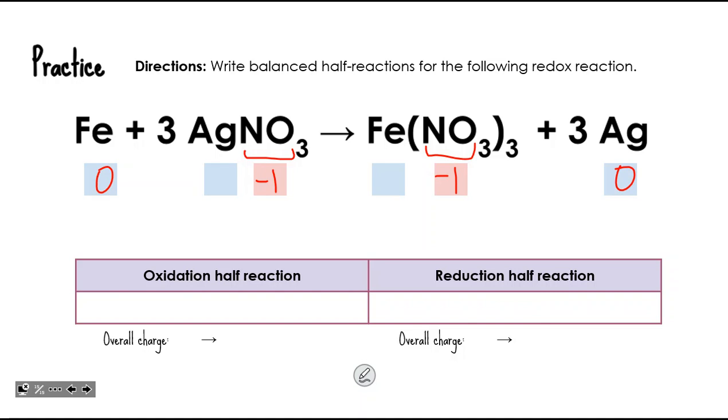Nitrate will be +5 for nitrogen and -2 for oxygen, so we'll just use the formal charge on the nitrate. So that makes silver a +1, because silver is always +1. But if nitrate's -1, silver's got to be +1 there. And then this 3 out here tells me the iron is going to be +3.